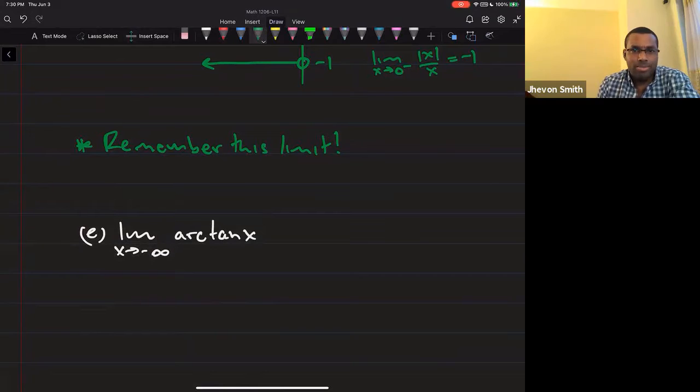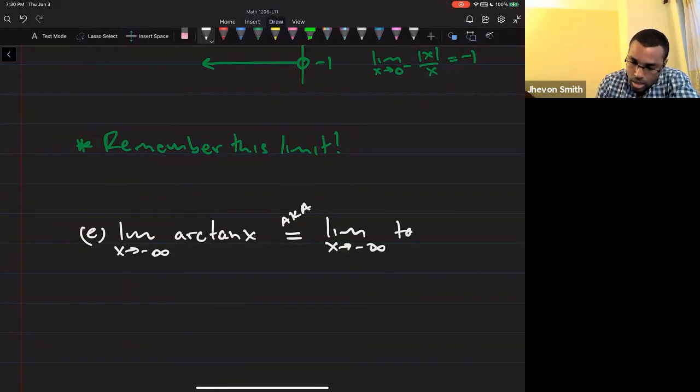Arctangent of x, right? AKA tangent inverse. What do we do here?